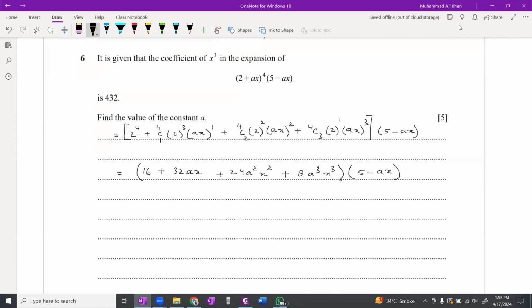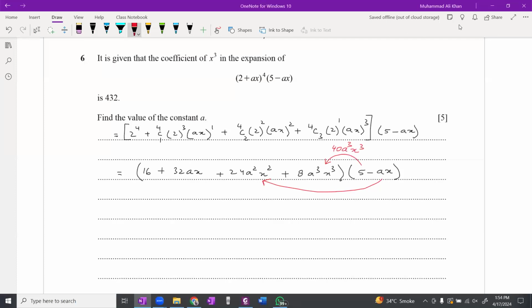Now, we need the term in x cube only. So, the term in x cube: if 5 multiplies the x cube term, we get x cube. And if ax multiplies the x square term, we get x cube again. So, 8a cube multiplied by 5 will be 40a cube x cube.